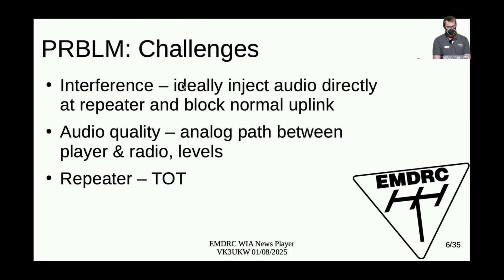Then there's audio quality: first the analog path between the player and the radio, and then the audio levels, both on our side and on the WIA audio file side, because they don't do a whole lot of compression or normalization.